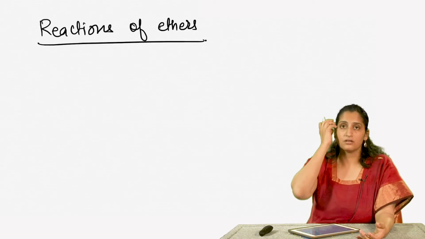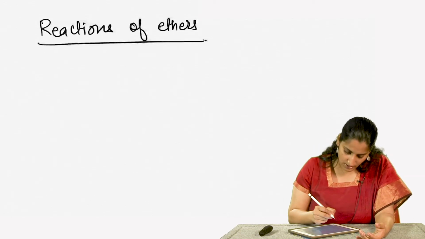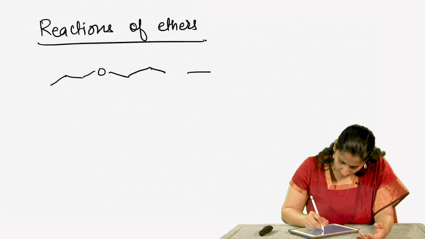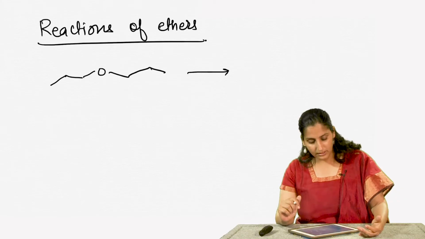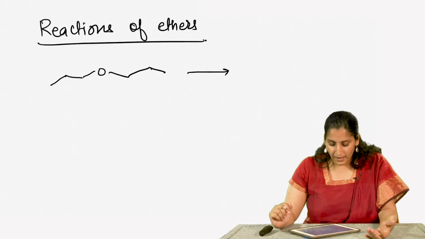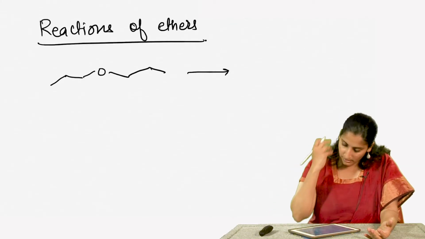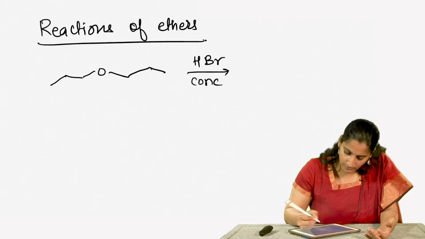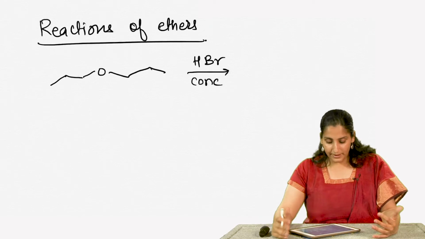Let us look at one of the reactions. I am going to take propyl propyl ether, or dipropyl ether, and react it with concentrated HBr.